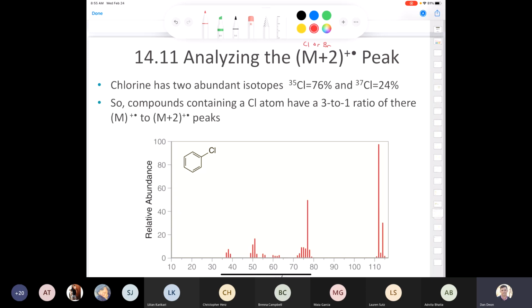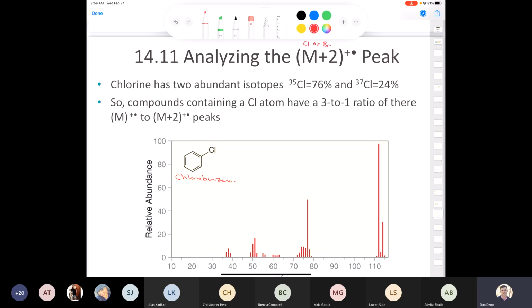All right, so if we look at what's going on here in this mass spectrum, this is called chlorobenzene. You can see it's obviously got a chlorine in it. Well, chlorine has two isotopes that are the most abundant, chlorine-35 and chlorine-37. They have relative abundances of 76 and 24% respectively. So what's that?